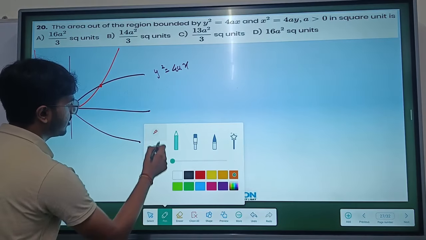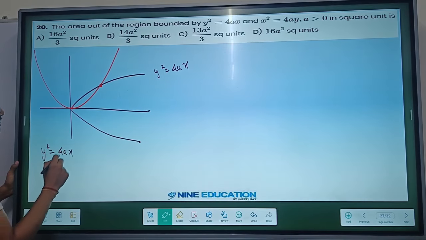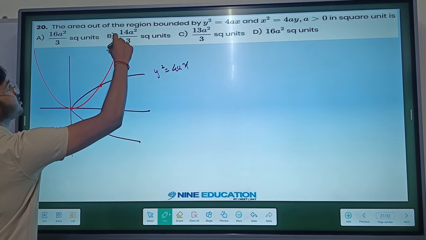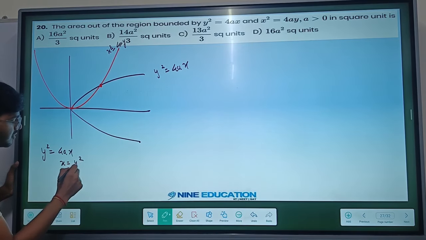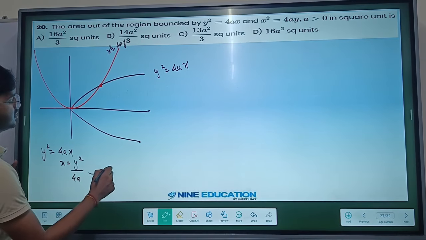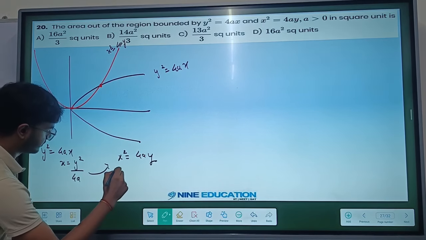How do I find the point of intersection? So y square equal to 4ax, and this is x square equal to 4ay. So x square you can write as y square by 4a. Substitute in the other parabola x square equal to 4ay.